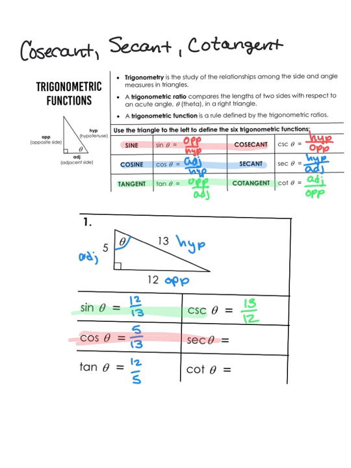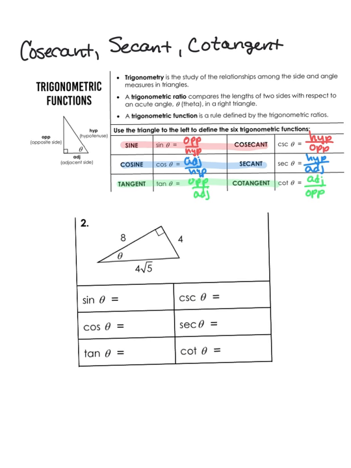So if the cosine is 5 over 13, then the secant is 13 over 5. And the tangent and the cotangent are reciprocals. So if the tangent is 12 over 5, then the cotangent is 5 over 12. And it's as simple as that.